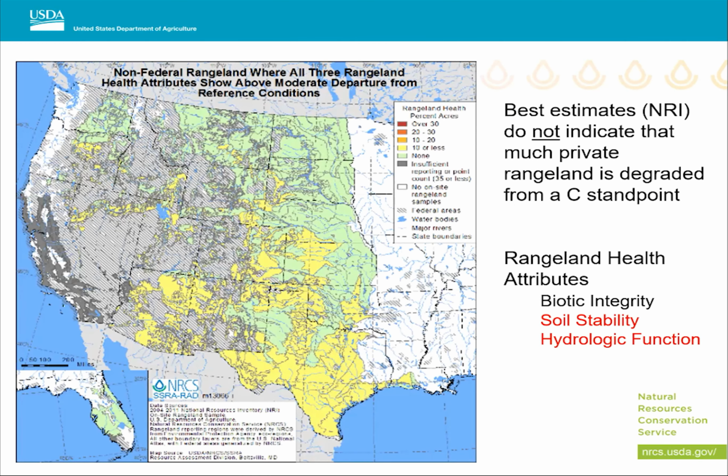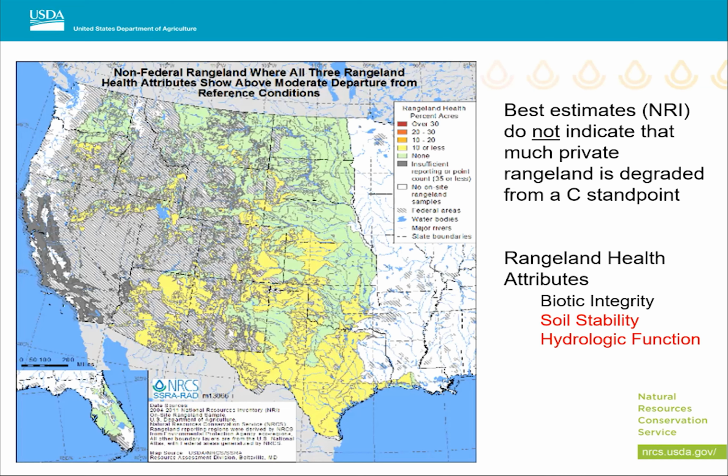Now, from a big standpoint, we don't really think that most of our rangeland, and this is privately owned rangeland in the United States, we don't really think that our rangelands are badly degraded from a carbon standpoint.